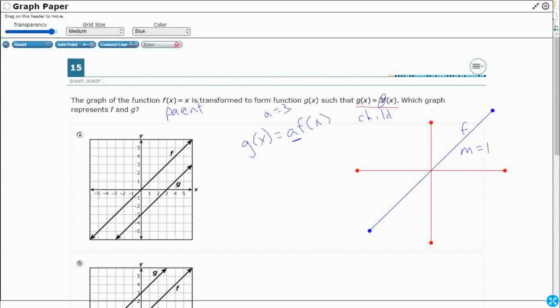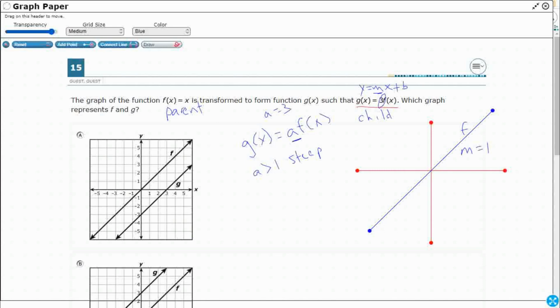Well, it's going to do a few different things depending on the value of that a. If a is greater than 1, we are going to have a steeper slope. If we're thinking of the basic slope-intercept form, that 3, that a, is sitting in the m spot, which is the slope.